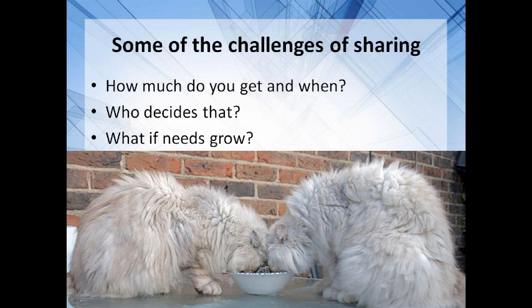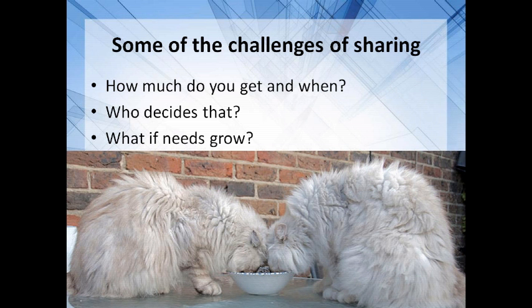So there are always challenges of sharing things, like if you would be sharing a microgrid with your neighbors in a remote village, for example. How much do you get and when?